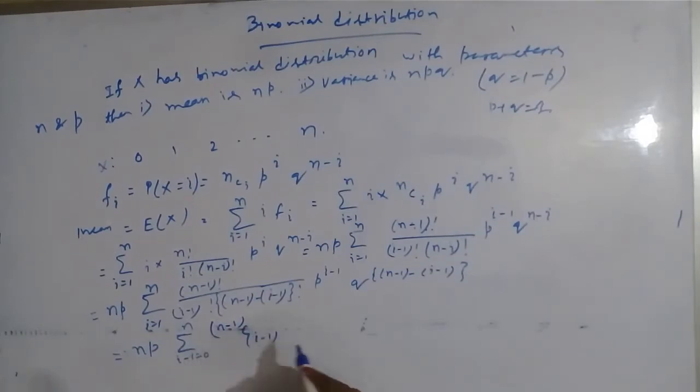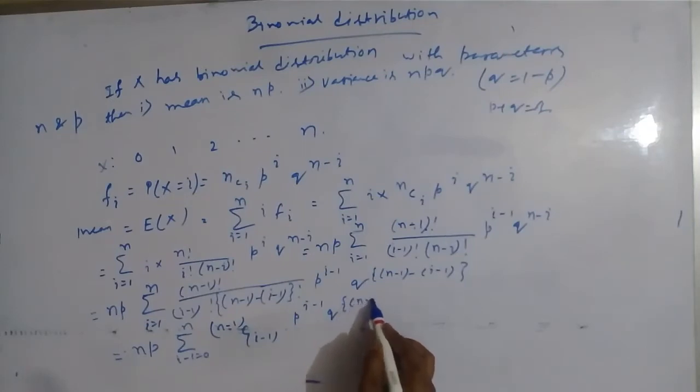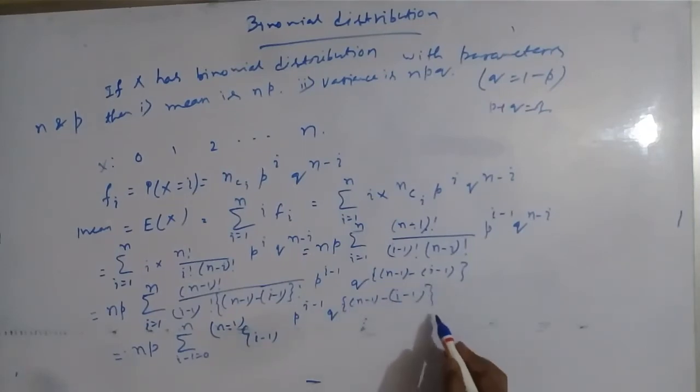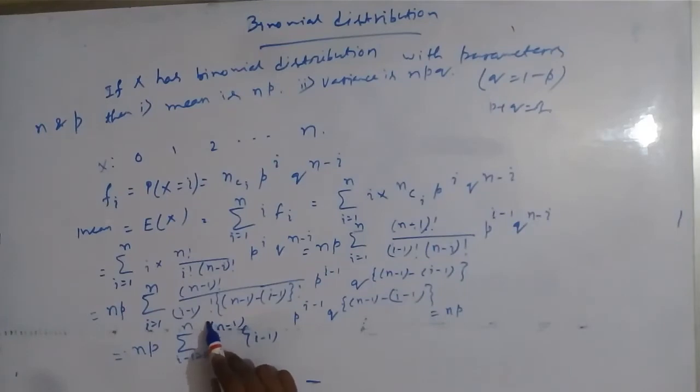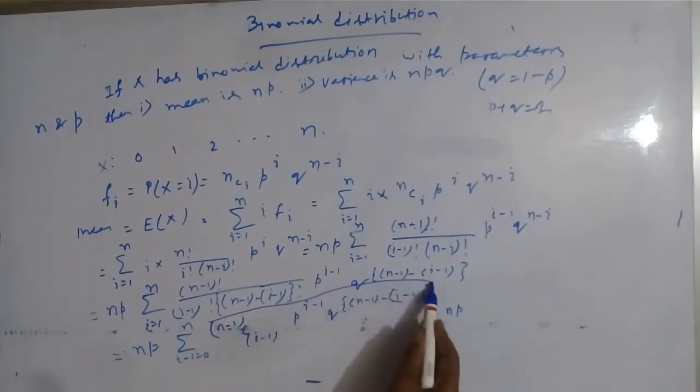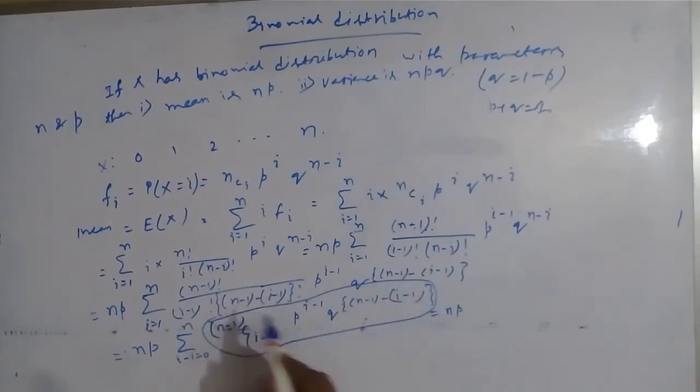So n minus 1 C i minus 1, p to the power i minus 1, q to the power n minus 1 minus (i minus 1). This equals np into, now this is the general form of the ith term of the binomial expansion of (p plus q) whole to the power n, right?